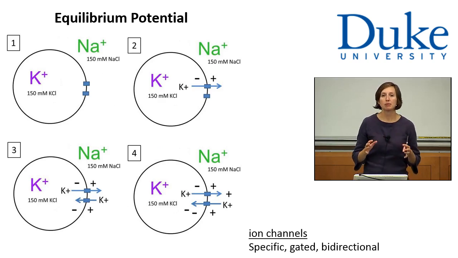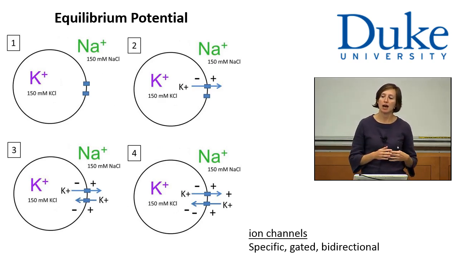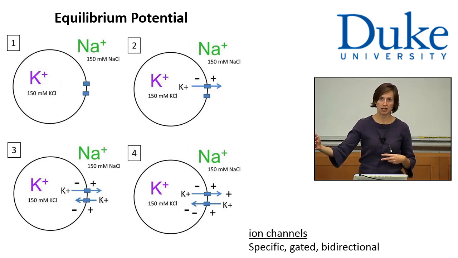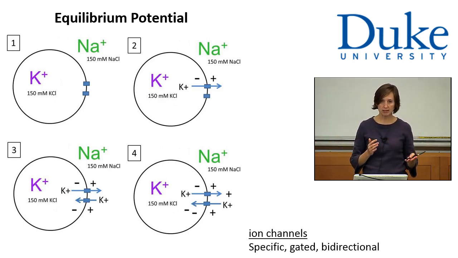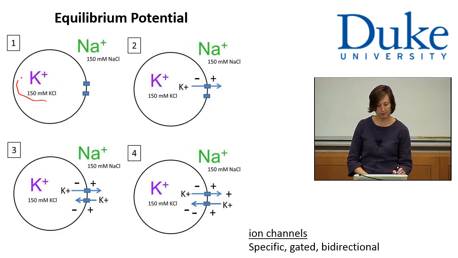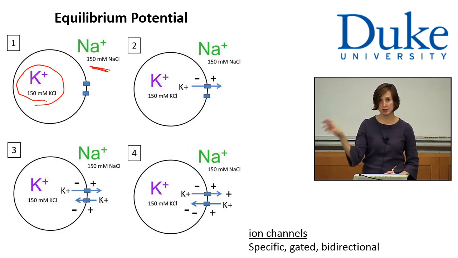So we've established that in a normal cell we're going to have a lot more sodium on the outside and a lot more potassium on the inside. That's what's shown here in a simplified system on this slide, where here we have 150 millimolar potassium chloride on the inside of the cell and 150 millimolar sodium chloride on the outside of the cell.